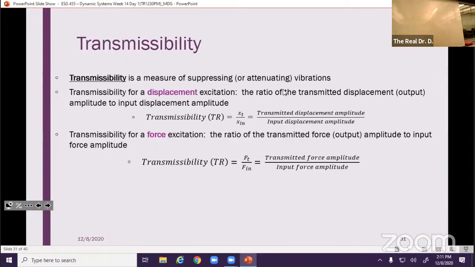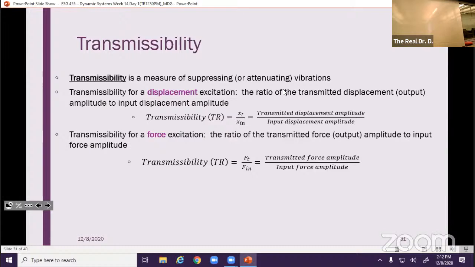Transmissibility for a force excitation is given as this equation, where we have the transmitted force amplitude divided by the input force amplitude. F of t over F in. Now, I want you to notice something about how we measure transmissibility. We don't care about the frequency that we're operating at.